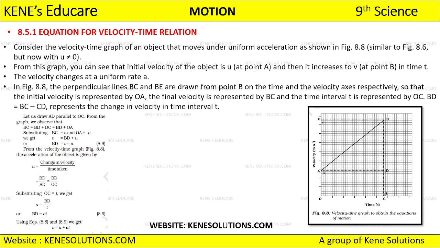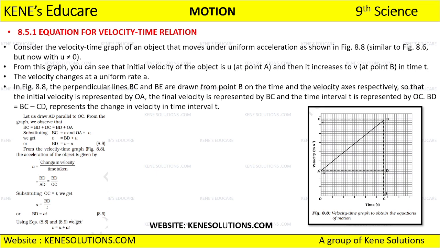So that becomes our initial velocity, and the final velocity is represented by BC, and the time interval t is represented by OC. OC is the time interval, OA is the initial velocity, and BC is the final velocity.